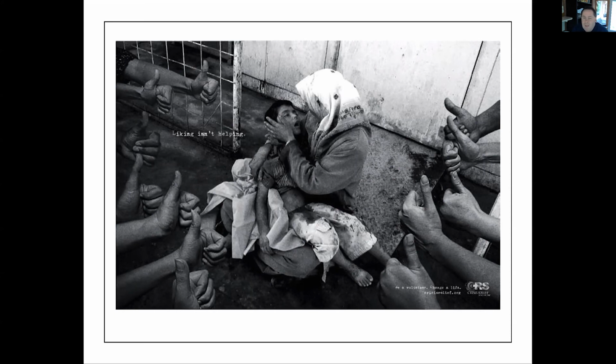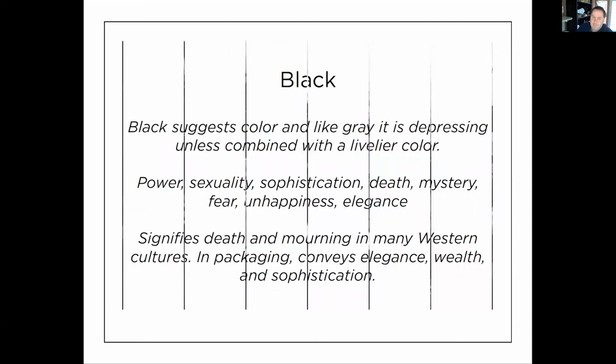If this was all in color, it would be a very different feeling ad. And the tagline in it is liking isn't helping. You're looking at all these people with thumbs up, and they're liking it, but they're not doing anything to help that kid. Liking is just not helping. But that gray also helps to communicate that message.